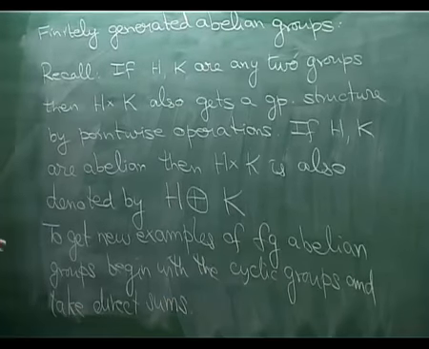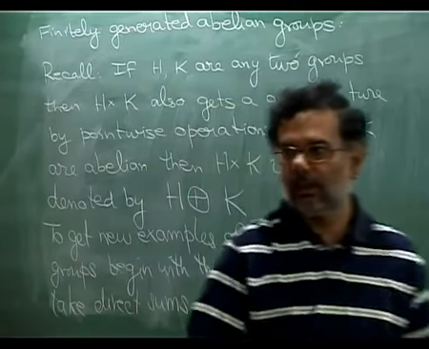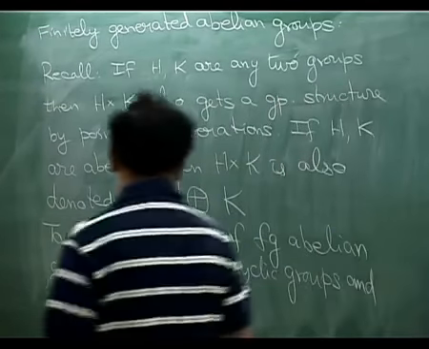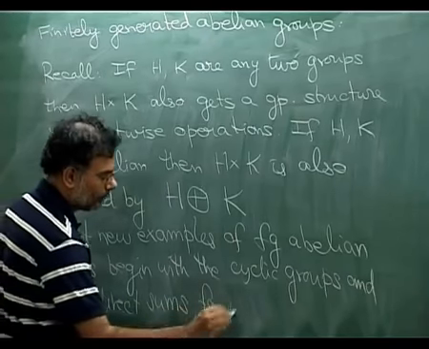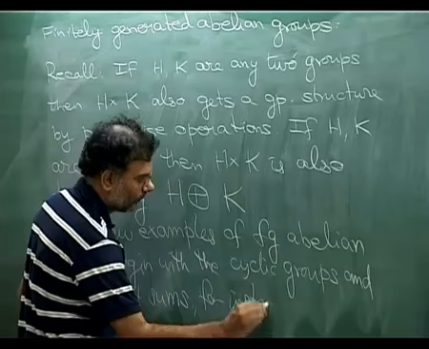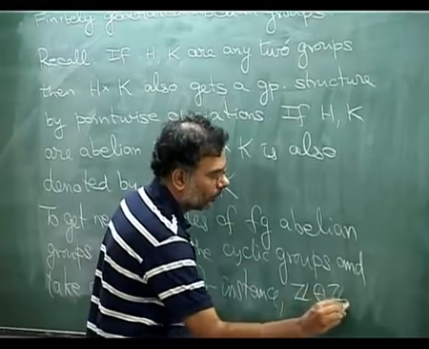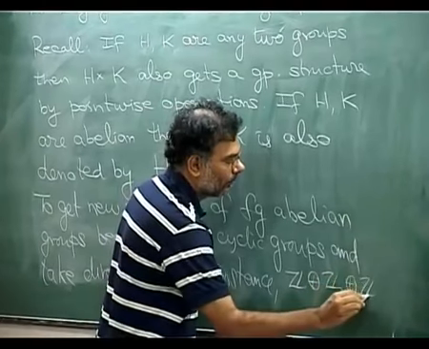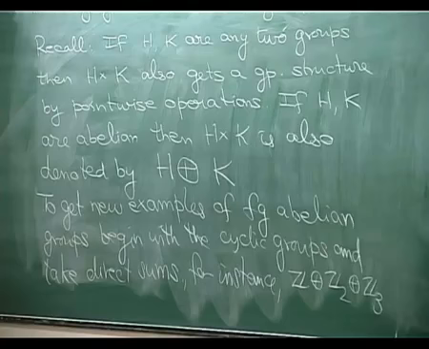So begin with some small collection of cyclic groups, maybe Z, Z2 and Z3, and take the direct sum. For example, so that is a new group that you have created.